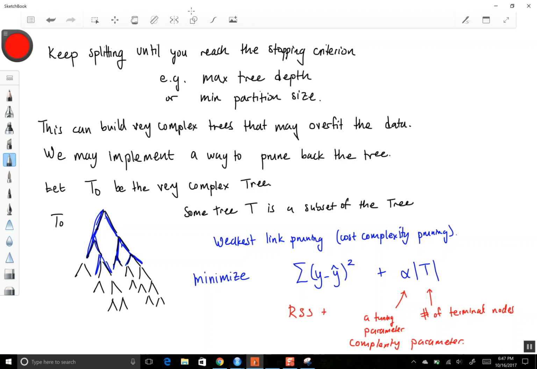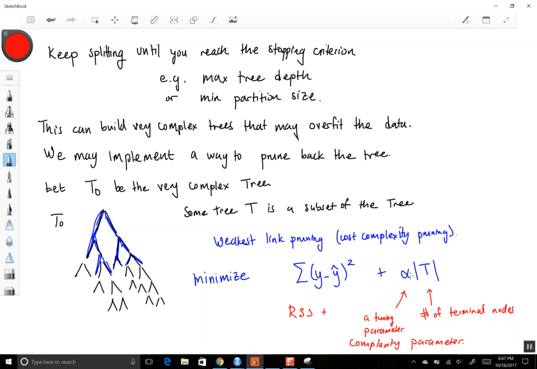Using 9 out of the 10 chunks, you fit a huge tree, and then you calculate which subtree is best based on big values versus small values of alpha. So you have a function of which tree to select based on the alpha.